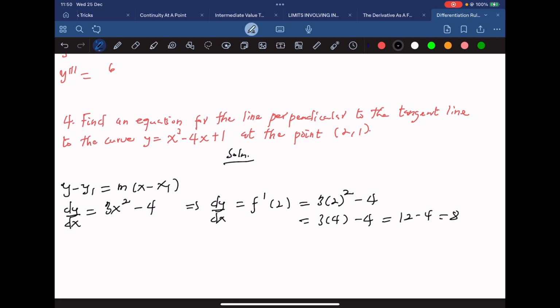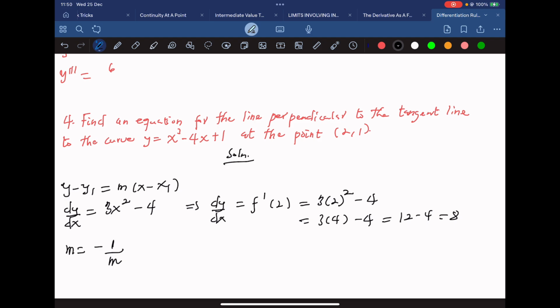But remember, the question said the line is perpendicular. Because of this, whenever you have a perpendicular line, it means that you have to find the negative reciprocal of your slope. So your new m that you're going to be working out is negative 1 out of m.